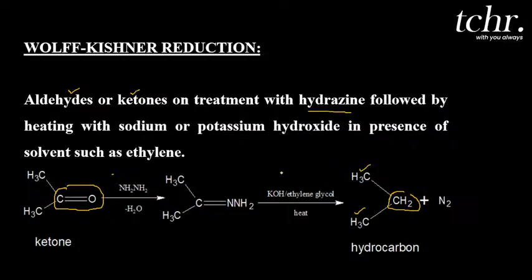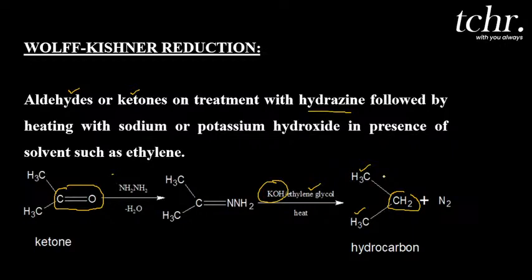In Wolff-Kishner reduction we treat with hydrazine in a basic medium. Which basic medium? Potassium hydroxide in ethylene glycol as a solvent. So you can observe here, when you treat with hydrazine in a basic medium with ethylene glycol as a solvent, we get the hydrocarbon.